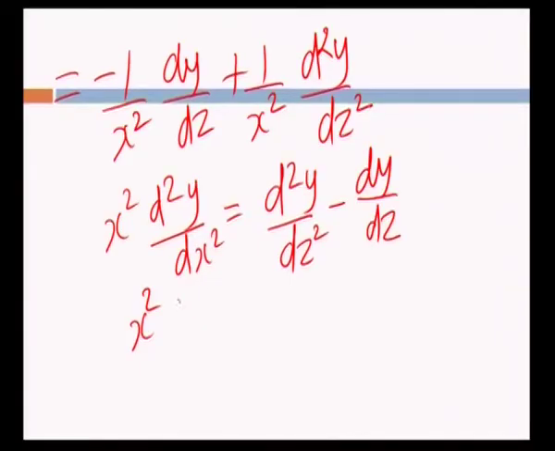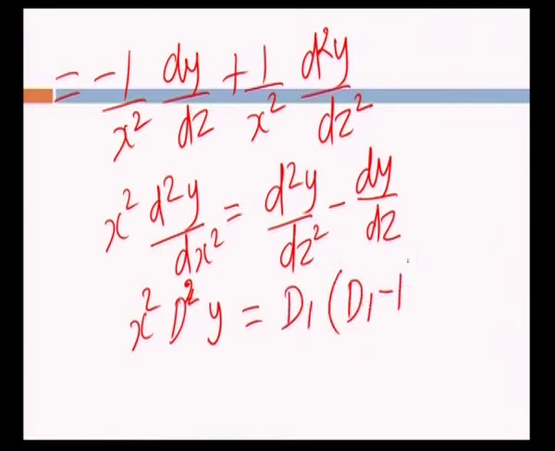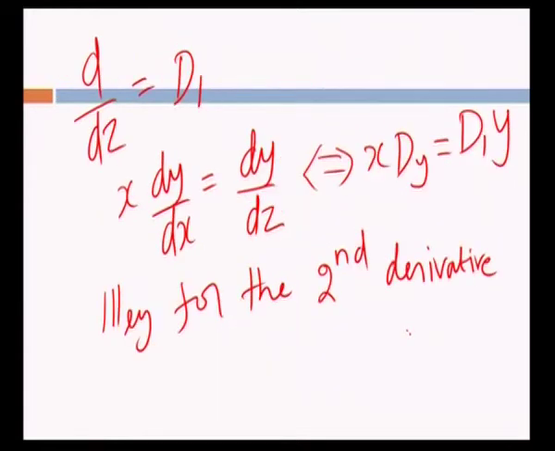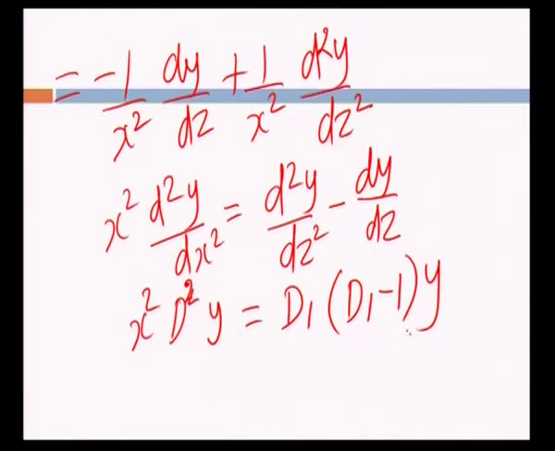Now, we know that x square d square y by dx square can be taken as the operator x square D square y, which is equal to D1 into D1 minus 1 into y, because we assume that d by dz is a new operator D1 that is used here.